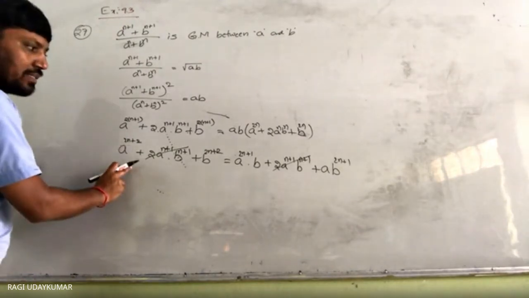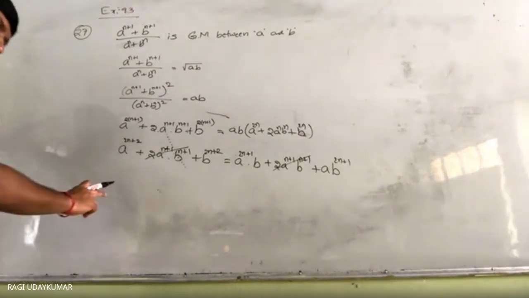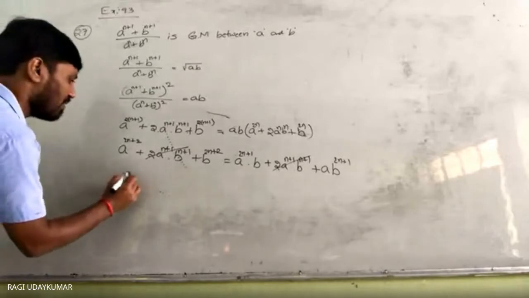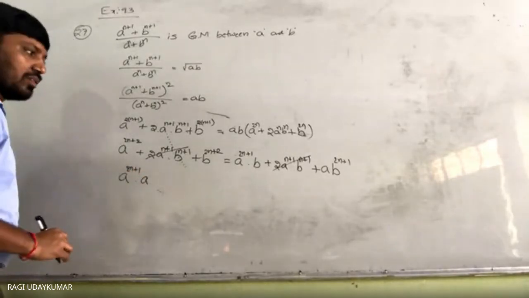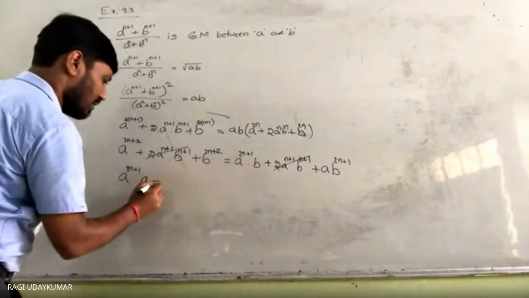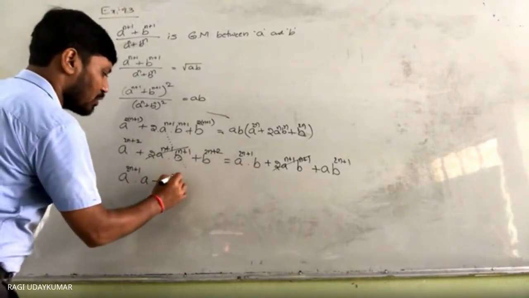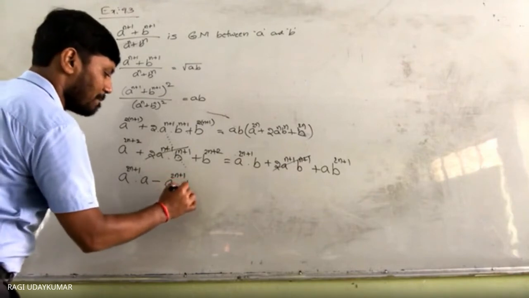This can be written as a^(2n+1) into a, and this minus a^(2n+1) into b.